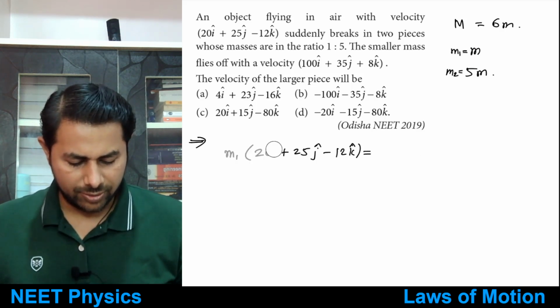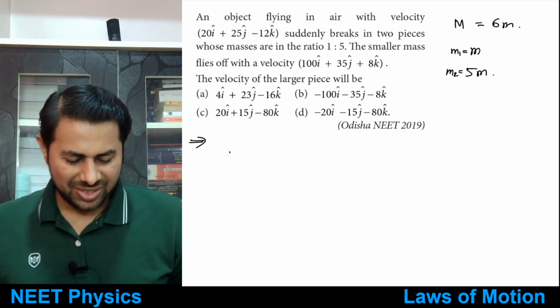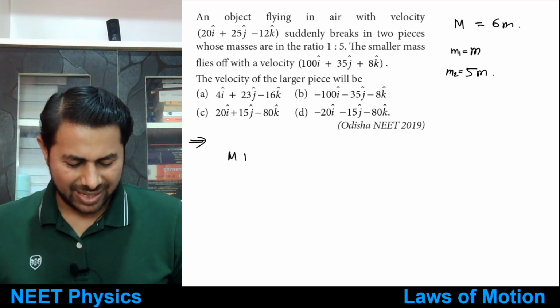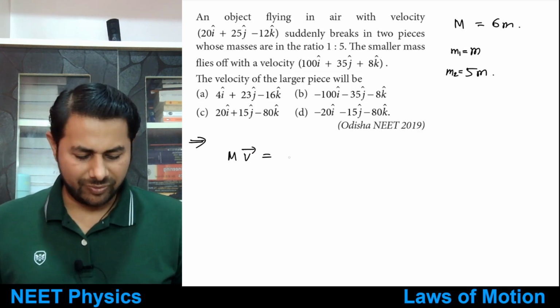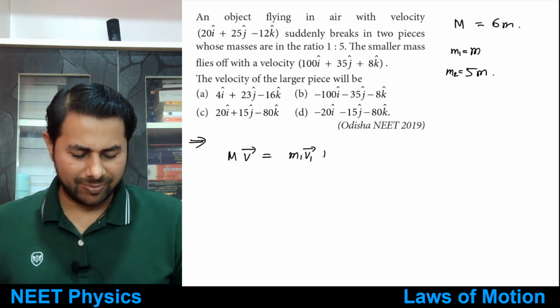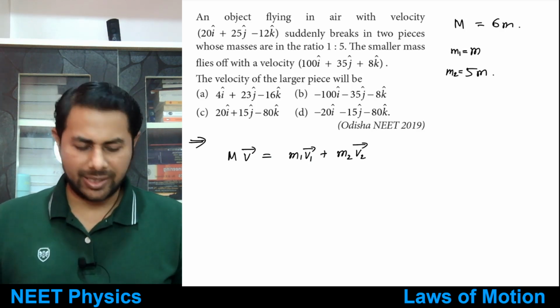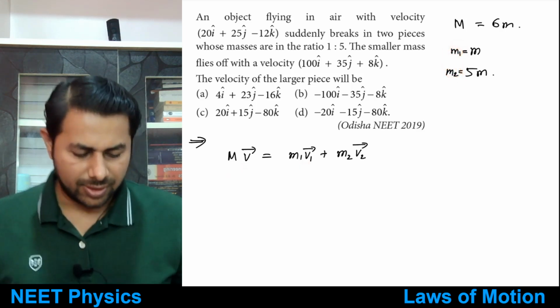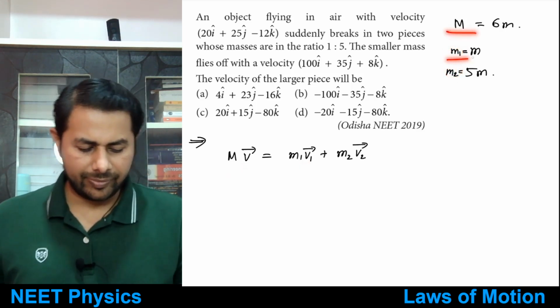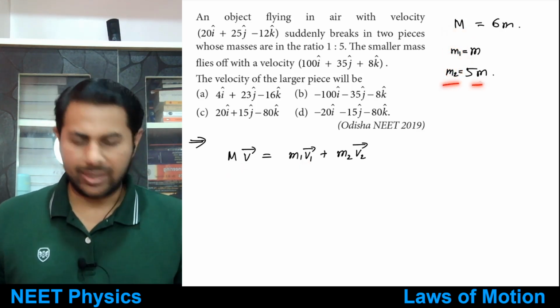You don't need to do all these things. The initial mass has velocity v, its mass times velocity, meaning momentum, will be equal to m1 v1 bar plus m2 v2 bar, right? It's breaking into two masses m1, m2. Then we can substitute the values of m.